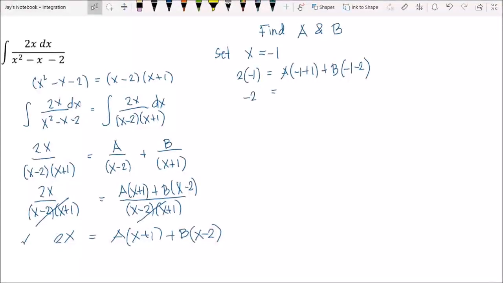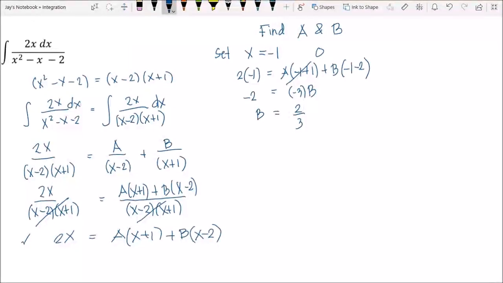This is the reason why we assigned negative 1, since a times negative 1 plus 1 is equivalent to 0. Then b times negative 1 minus 2, that is negative 3b. Correct? So our result here is b is equal to 2 over 3. So we have already computed the value of b.